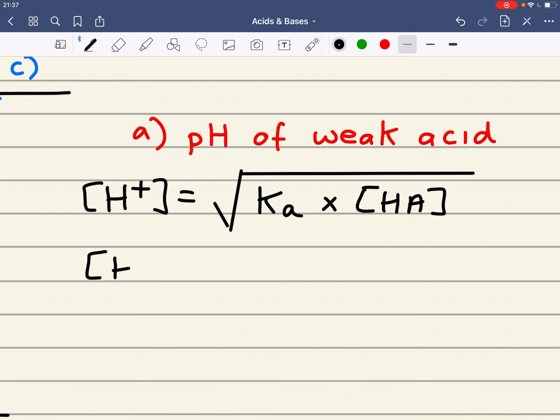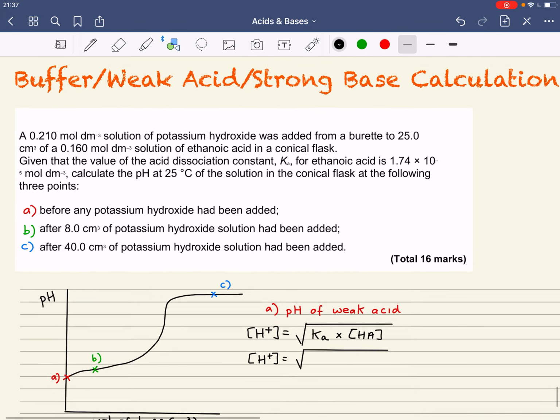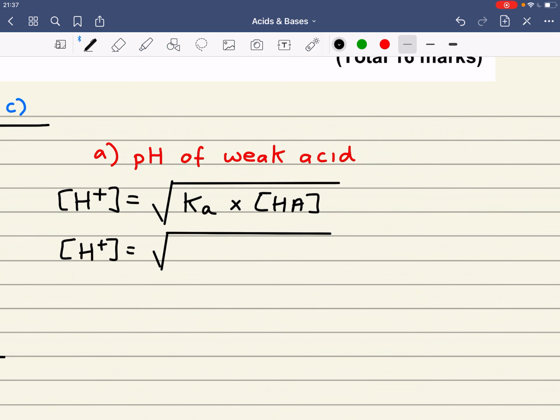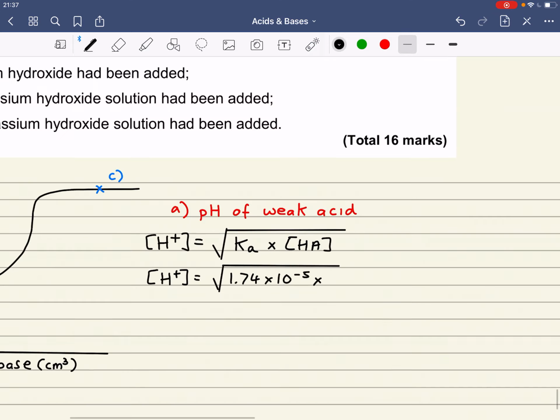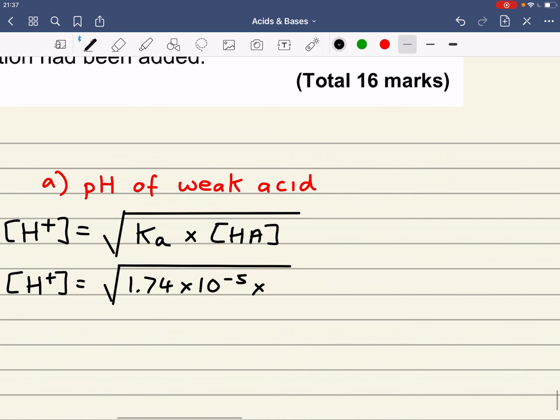So here my hydrogen ion concentration is equal to the square root of, the Ka is given in the question, 1.74 times 10 to the minus 5, and my weak acid concentration is given here, 0.16 moles per decimetre cubed.